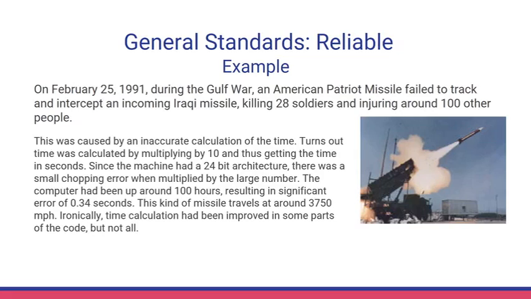Since the machine had a 24-bit architecture, there was a small chopping error when multiplied by a large number. The computer had been running around 100 hours, resulting in a significant error of 0.34 seconds. This kind of missile travels at around 3,750 miles per hour. Ironically, time calculation had been improved in some parts of the code, but not all.